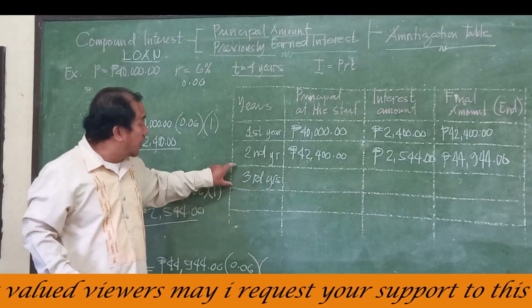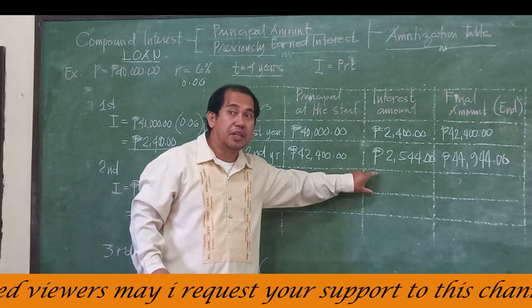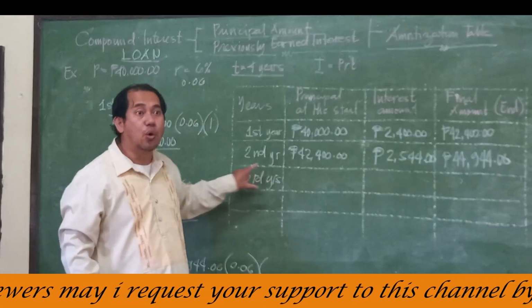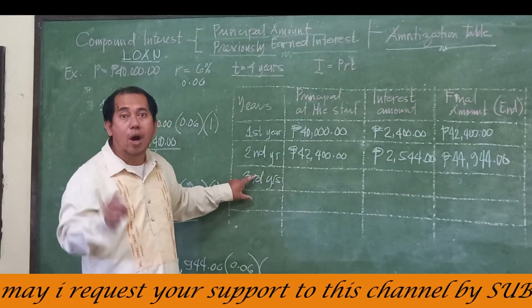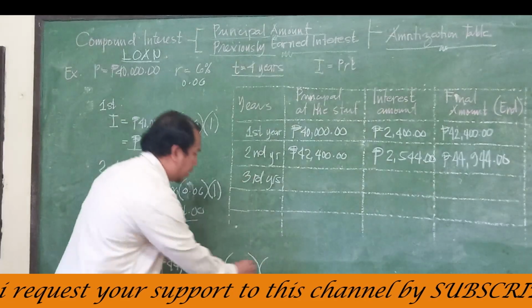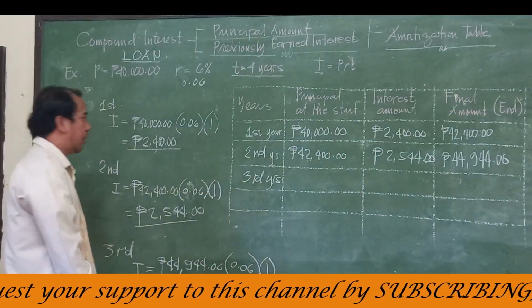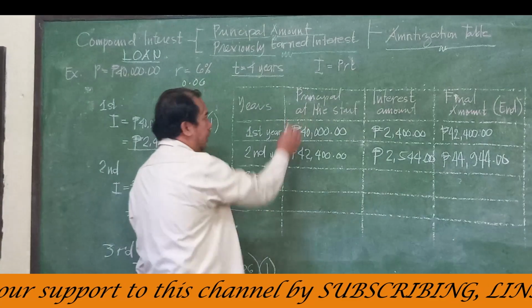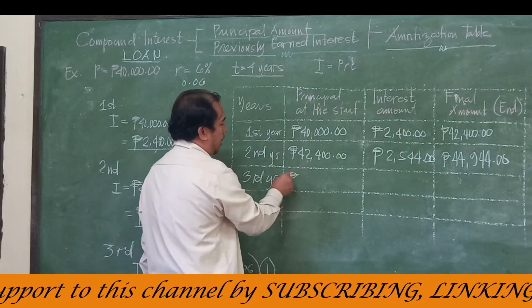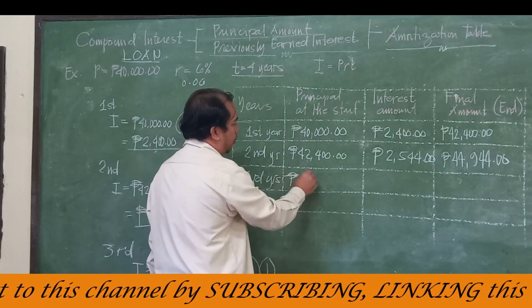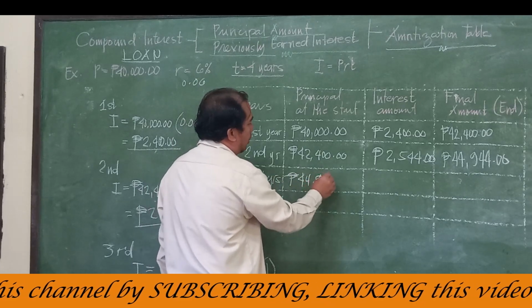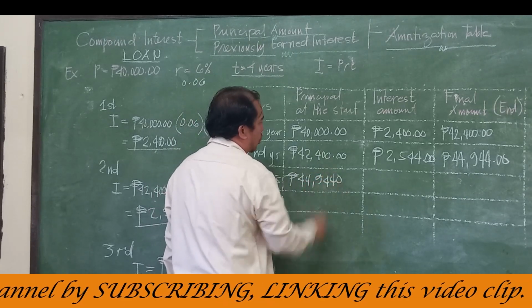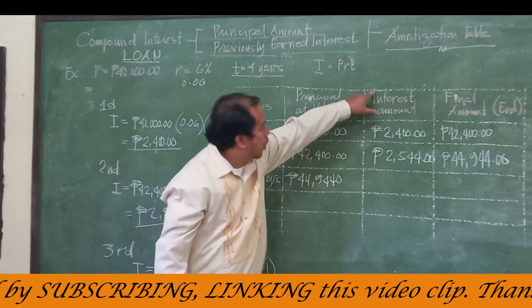Meaning to say, consider only the third year. So, how many years? 1 year. Okay, so meaning, this would be your principal amount, 44,944 pesos. Now, we are looking for the interest.